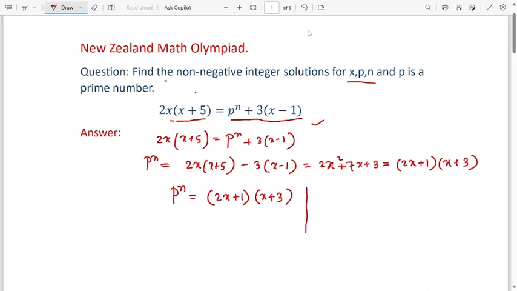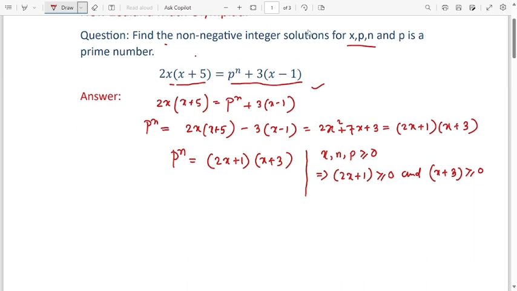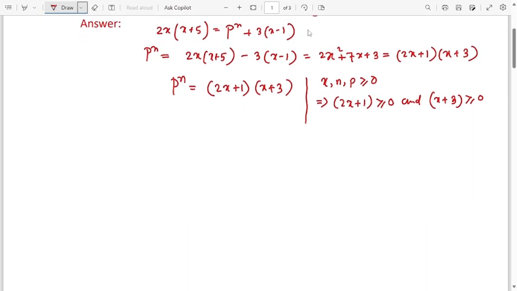From the equation we have that x, n and p are greater than or equal to 0, which implies that the factor 2x plus 1 is also greater than or equal to 0, and similarly x plus 3 is also greater than or equal to 0. So all the factors are positive, but on the left side we have p to the power n, that means some power of the prime p.